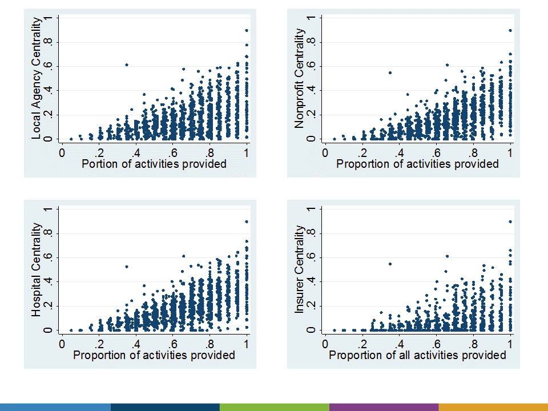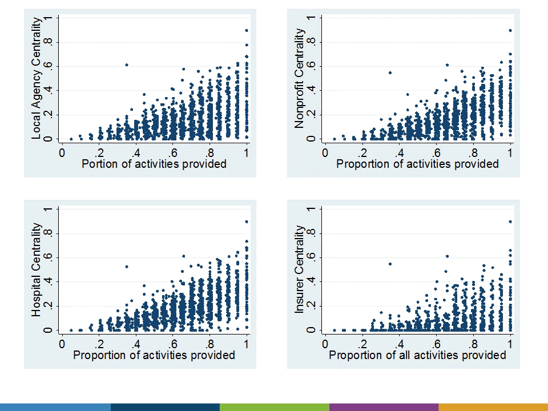Something else that we see in the data: I pulled out and created some two-way scatter plots of individual organization degree centralization for local agencies, so thinking more about those social service pieces, nonprofits, hospitals, and insurers.